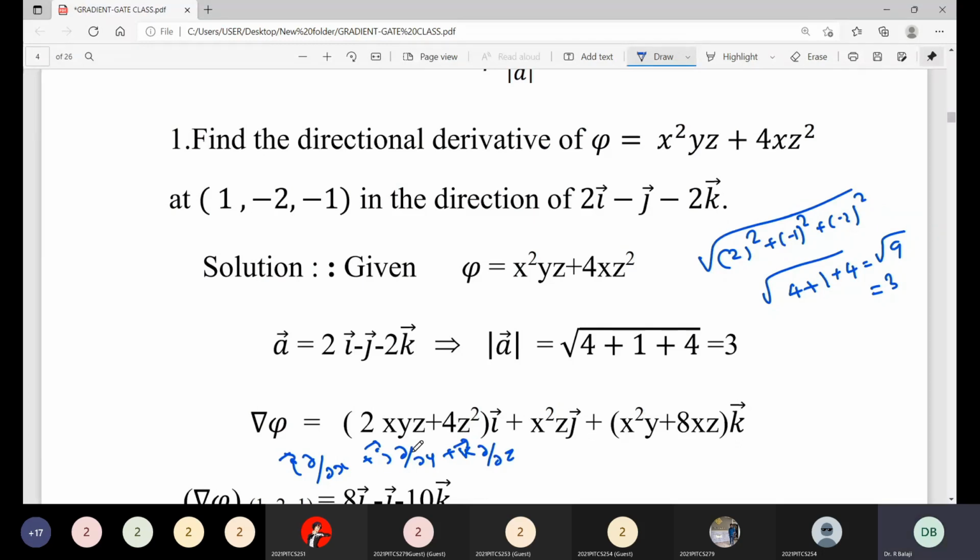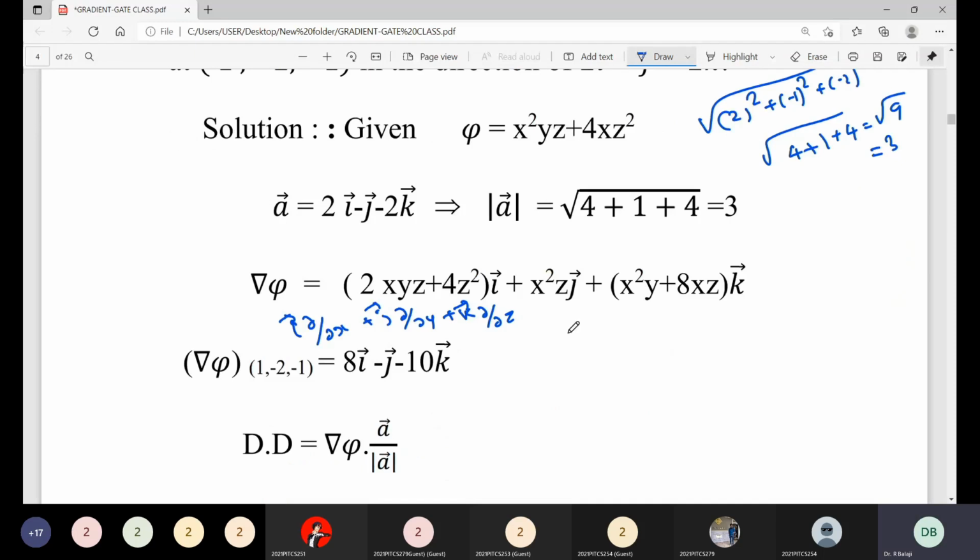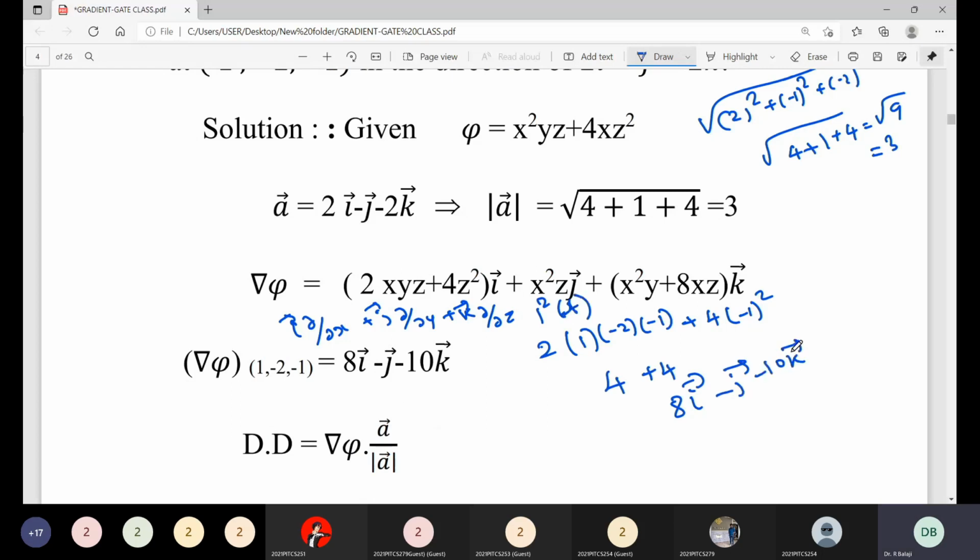Del phi at 1 comma minus 2 comma minus 1. So we are substituting 1, minus 2, then minus 1, which is nothing but 4 into minus 1 the whole square. So minus of minus plus here 4 and 4, which is 8i vector. Then x square, 1 square into minus 1, that is minus j vector minus 10k vector.